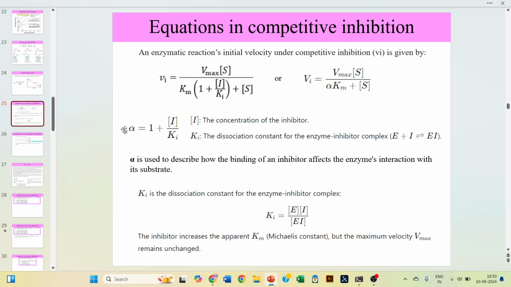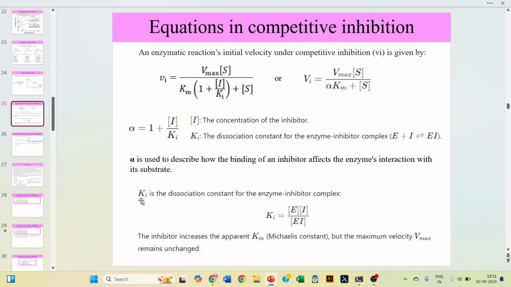Alpha can be found using this equation: 1 plus the concentration of the inhibitor, I, divided by the dissociation constant for the enzyme-inhibitor complex, which is your Ki. So Vi also changes. This was your Michaelis-Menten equation, but when a competitive inhibitor comes in, this is how it changes. With Km, you multiply this alpha factor and you get this equation.